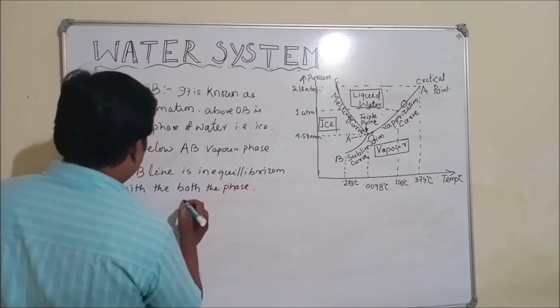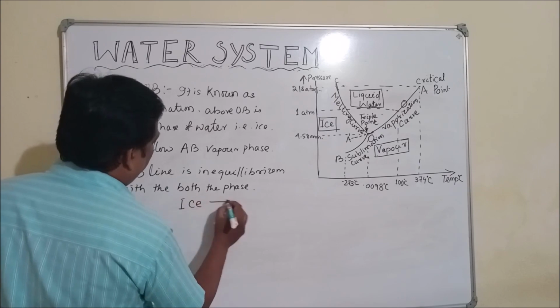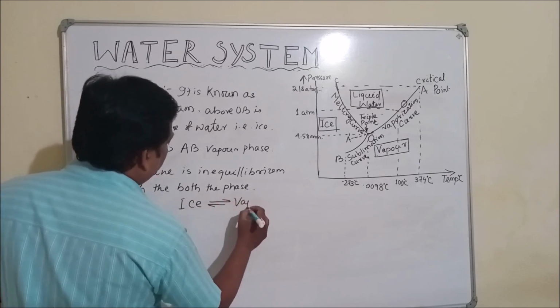What are the phases? Ice is in equilibrium with vapor phase.